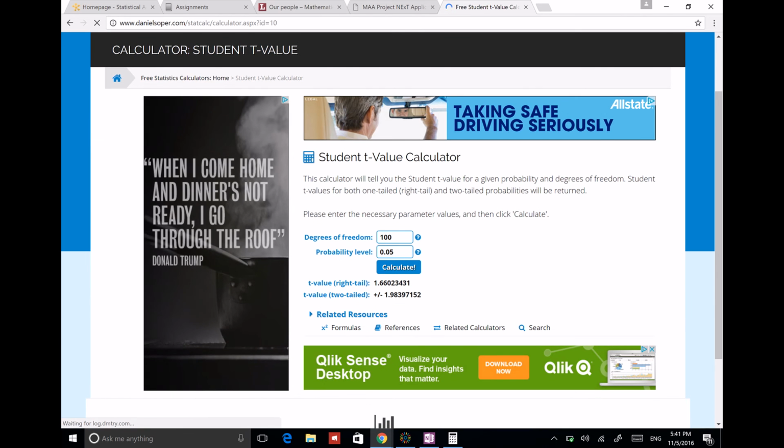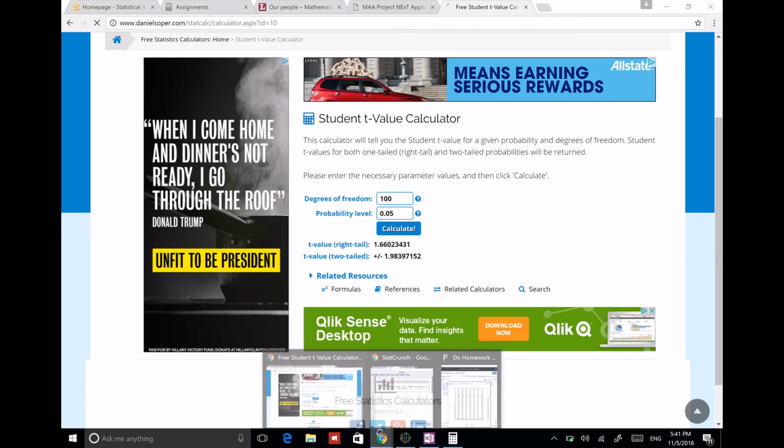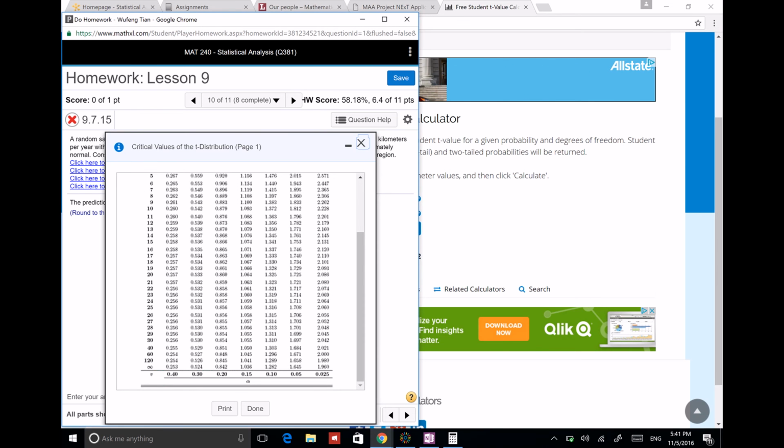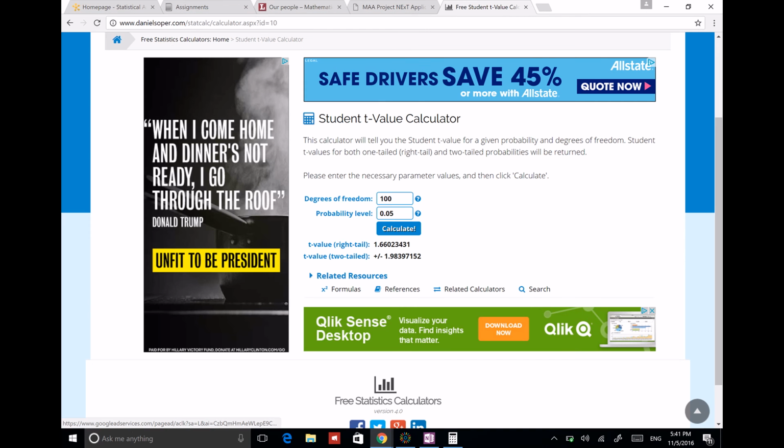It gives you a t value of 1.66. You can compare with your table here. So 1.65 is bigger than 120. Okay, so it's 119 actually.